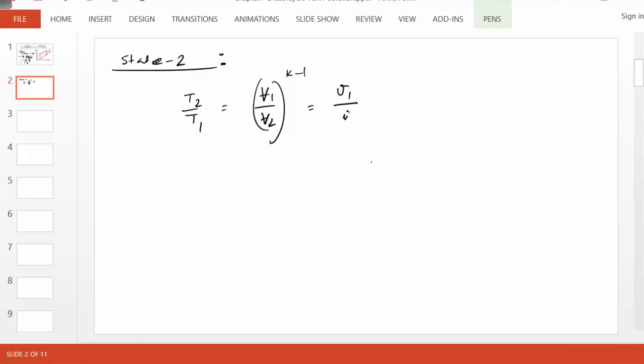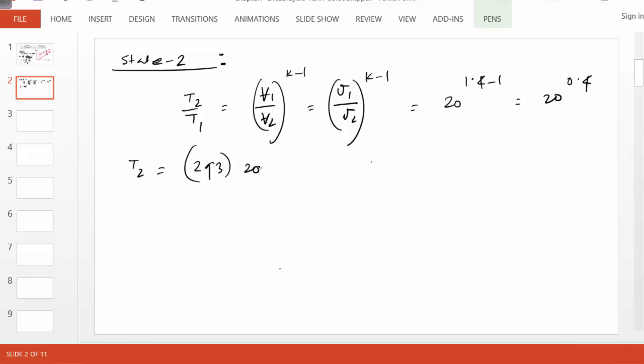Because mass doesn't change, we can interchange capital V and small v. And V1 over V2 is the volumetric compression ratio, which is 20, and k is 1.4. So therefore, T2 is T1, which is 293, times 20 to the 0.4, and that gives us 972 Kelvin.